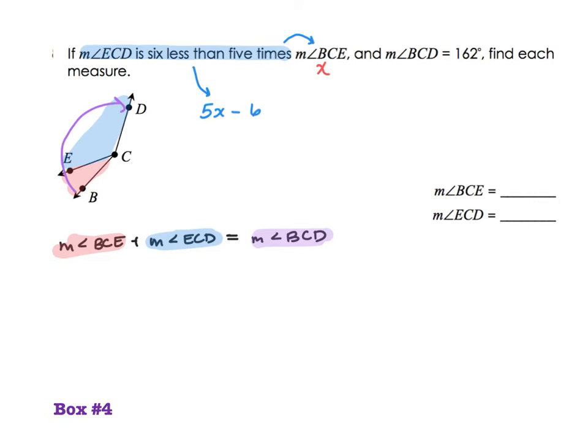And then the one in purple, the measurement of angle BCD, is given to us. So let's go ahead and substitute these values. We have x plus ECD, which happens to be 5x minus 6, is equal to the whole thing, which equals 162.